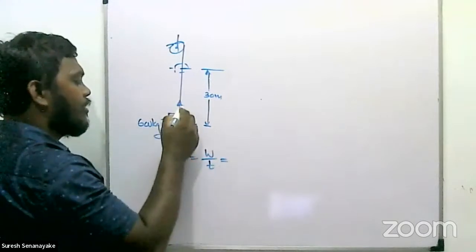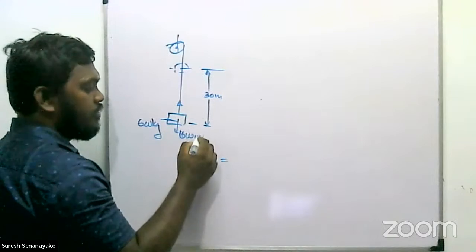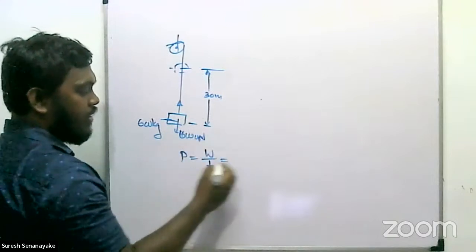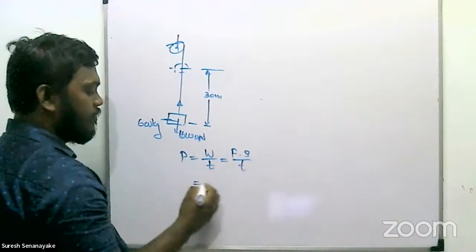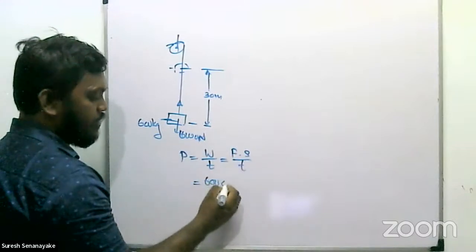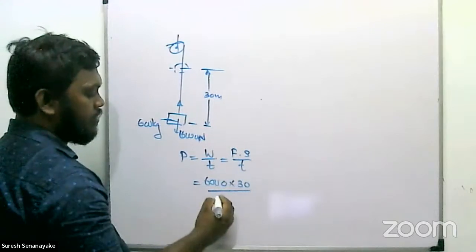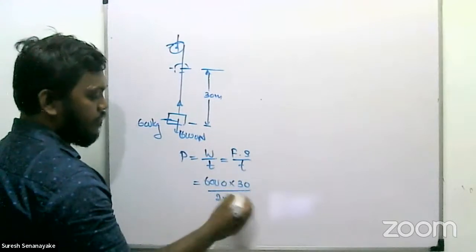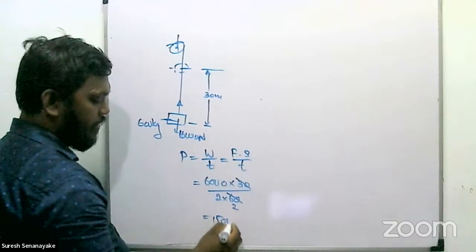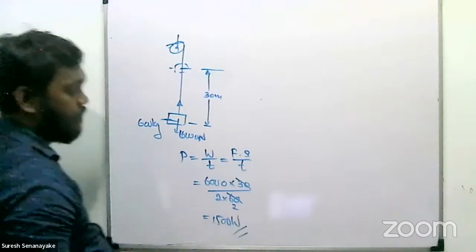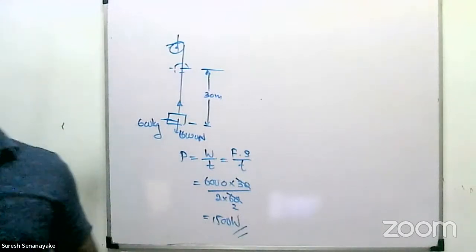Here the cable should apply a force equal to the weight of this block. Then power is force times displacement divided by time. Force is 6000 Newton and displacement 30 meters, divided by 2 minutes, so 2 times 60. It's 1500 watts. That's the power the machine is working at.